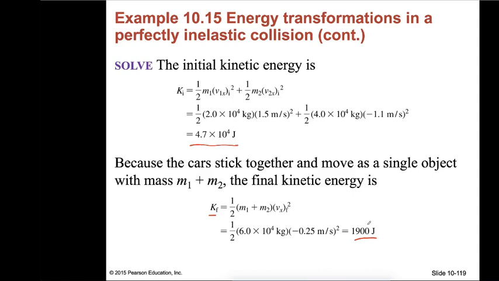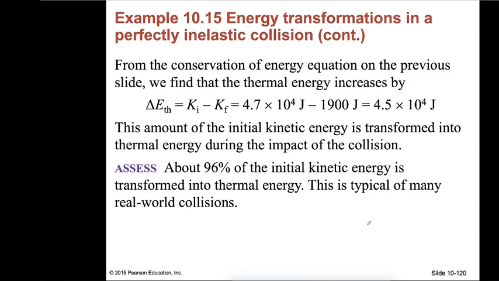Actually, the energy is not lost. It's just being transferred into another type of energy, which is thermal energy. That's why when something hits another thing, for example, if there are two cars hitting each other, then after a car collision, the temperature of the car is really high, because some other type of energy, usually kinetic energy, has been converted into thermal energy, which makes the temperature of the colliding objects high.